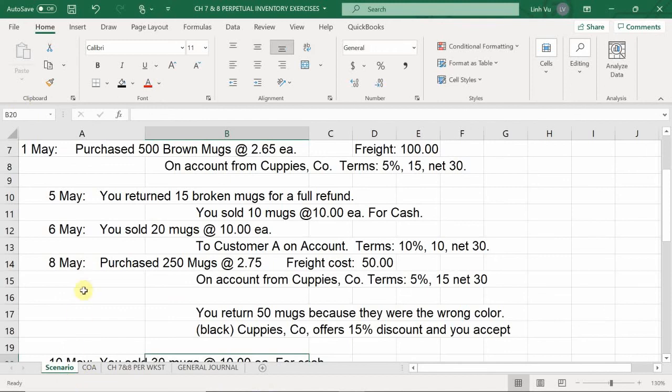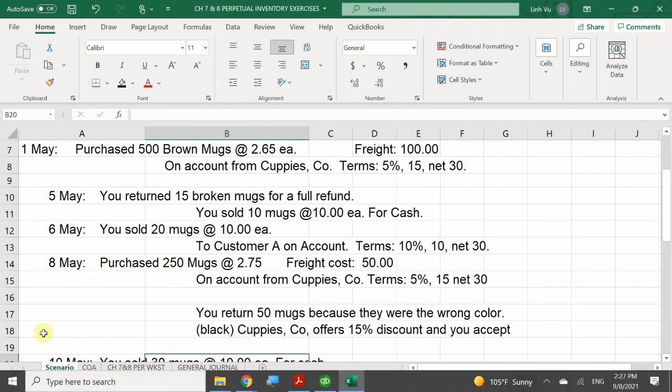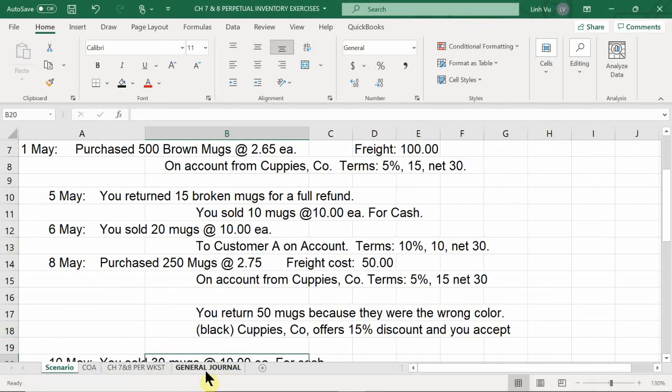So in this case, we purchased an additional 250 mugs at $2.75 each, with a freight cost of $50. And here we place it on an account with Cuppy's Co. What they gave us is 5%, 15 net 30. So in this case, we need to journalize that we received inventory.